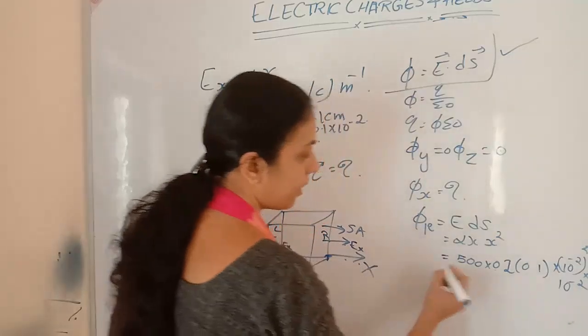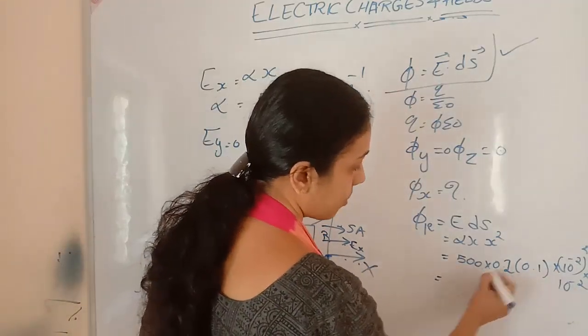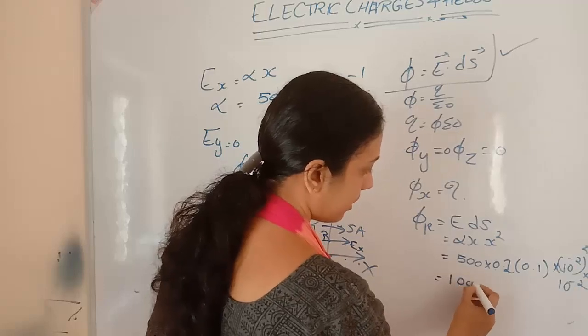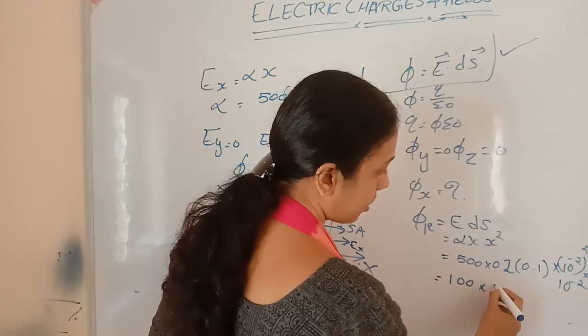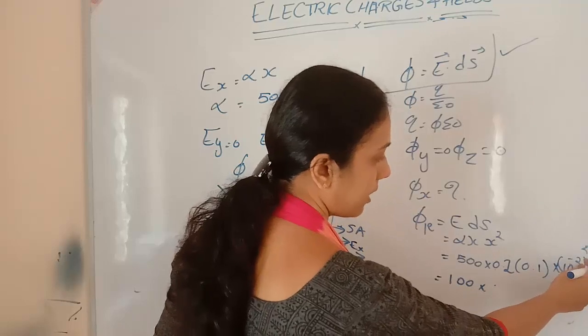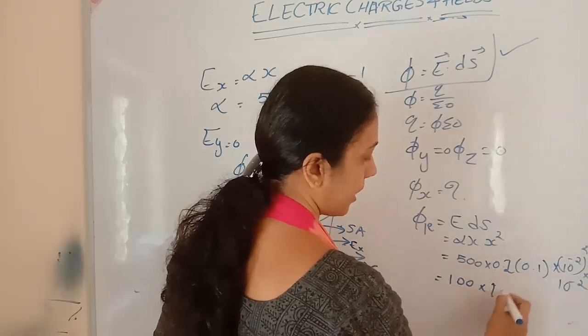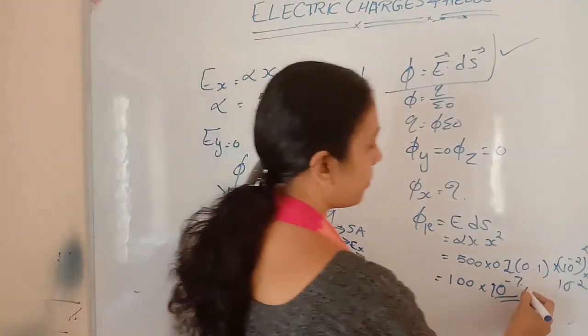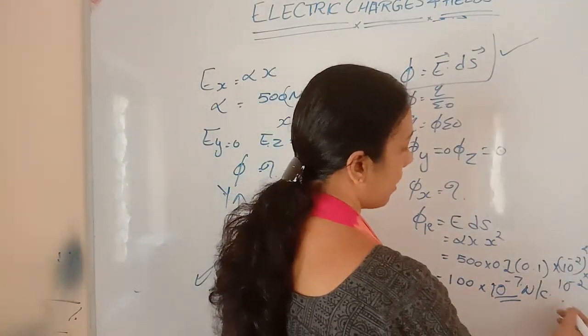This is for the right side. Here we will get it as 100 into 10 to the power minus 1, 10 to the power minus 4, minus 6, minus 7. The unit is Newton per coulomb meter square.